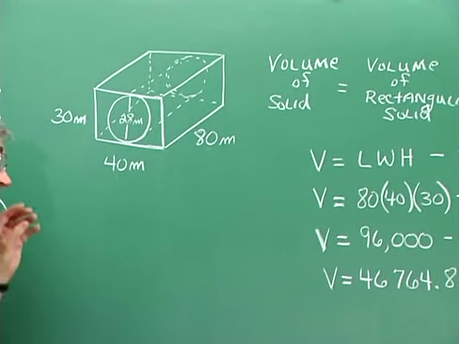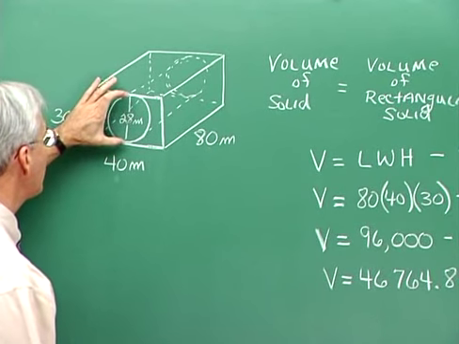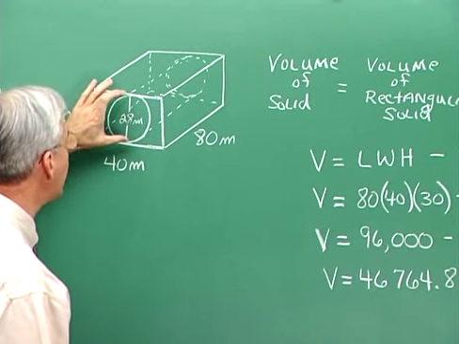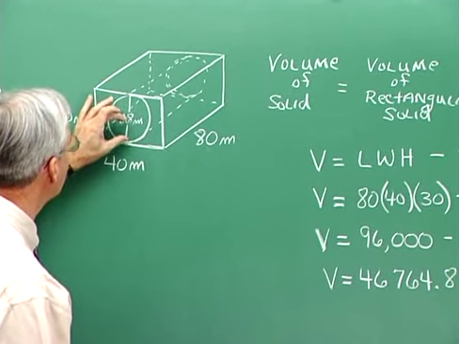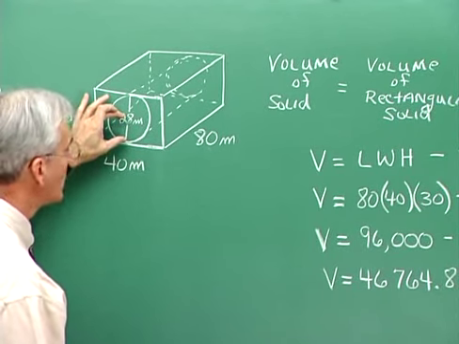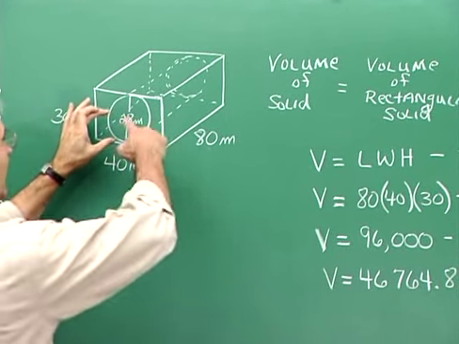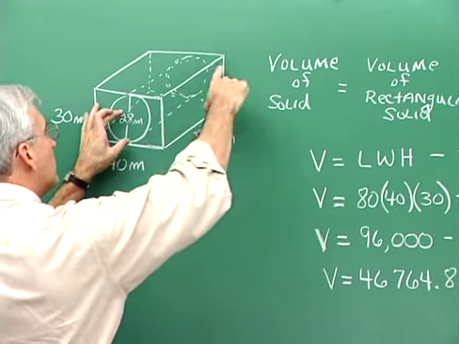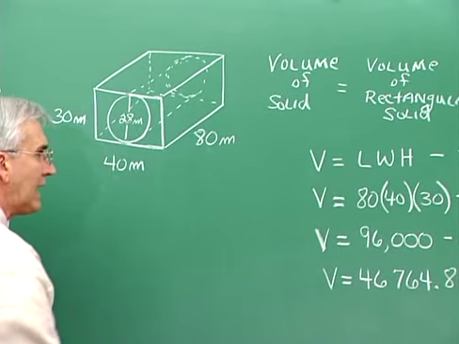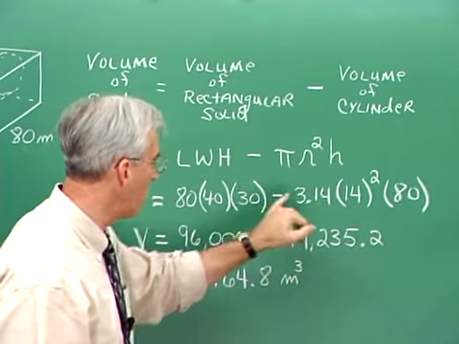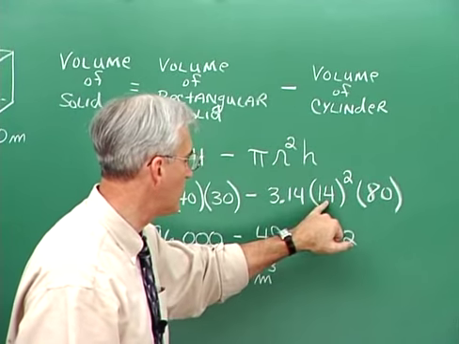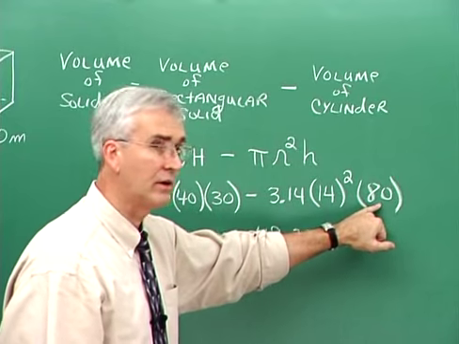All right, then for the cylinder, remember, it is the radius that we need, and we have a diameter here. This is 28 meters up and down, and we want half of that, or 14. So 14 is very important, and the height of the cylinder would be this distance, and it would be the 80. So filling in over here, I have the 80, 40, 30, but more important, I think, is the radius here is 14, and the height of the cylinder is 80.